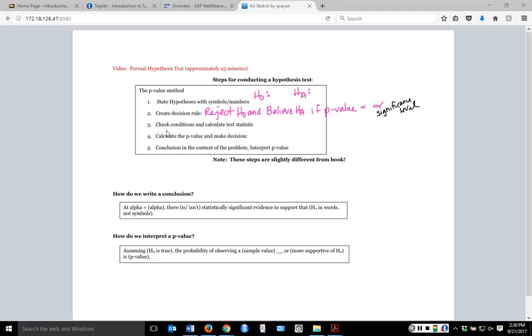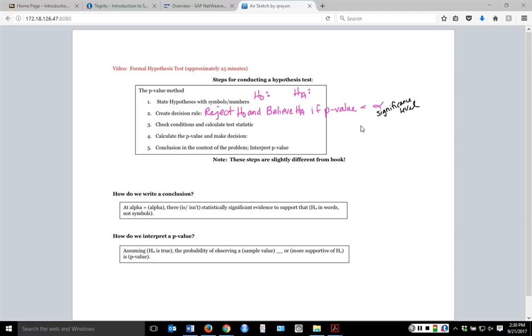Step 3 is always going to be to check our appropriate conditions and calculate a test statistic. We're going to look at these more specifically for our type of problem on the next page. Step 4 means we're actually going to calculate that p-value, calculate that probability, and make our decision. Now, what do I mean by making our decision? Once we've calculated a p-value, I'm going to have a number.